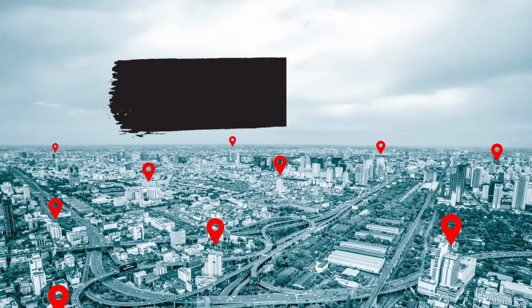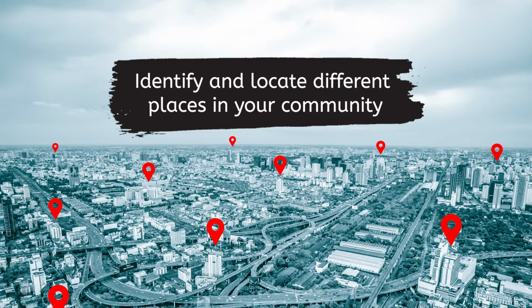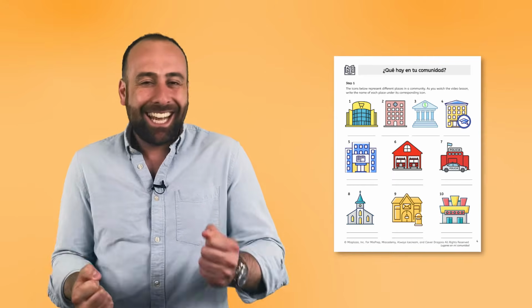Or, if you travel to a Spanish-speaking country, you can understand when people tell you the location of a place. By the end of this lesson, you'll be able to identify and locate different places in your community. Make sure you have your notebook and a copy of page 4 from the PDF. So are you ready? ¡Vámonos!